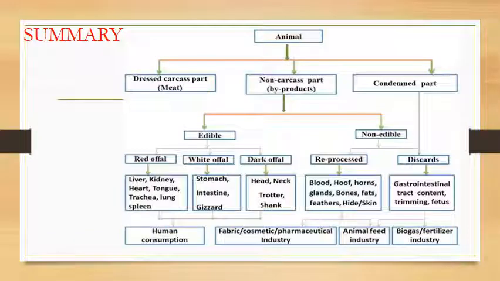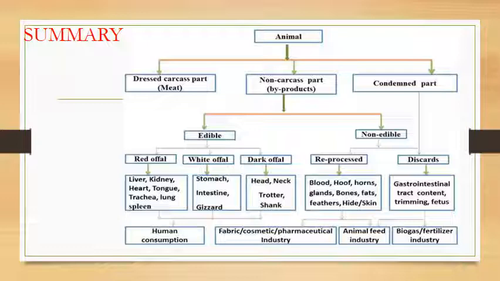Now we are at the end of today's lecture. Today we have discussed briefly in general about the utilization of different byproducts. It is an introductory lecture on animal byproducts utilization. I have discussed initially what a byproduct is, classification, their origin and quantity available, their scope, present status, and the difficulties in utilization and their economic value.